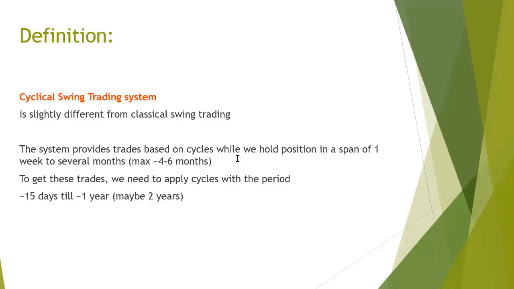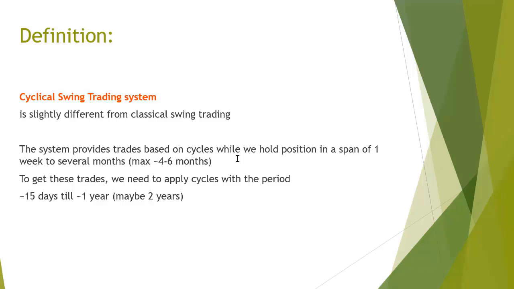So in Time Solution, the swing trading system is a kind of mix between the classical technical analysis swing system and more of an investing system with a bigger forecast horizon of up to 6 months.